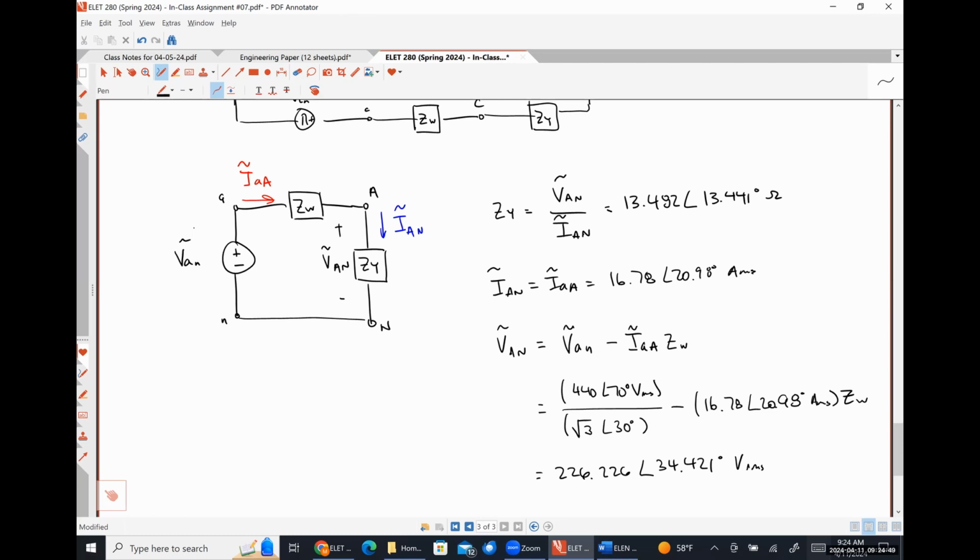Because I fundamentally believe this analysis isn't that bad. So this is the easiest way to go about it, okay? We're going to do some theory at the beginning of the class, figuring out how to do those transformations. They're called delta-Y transformations. We're going to learn it for sources and impedances. And then we're going to apply that and all that kind of good stuff.